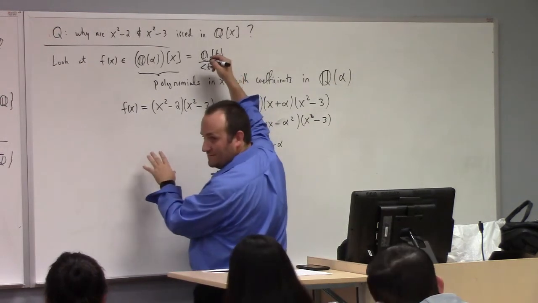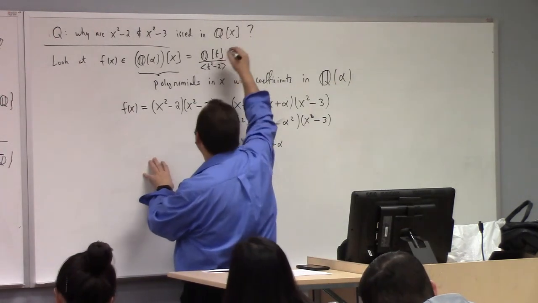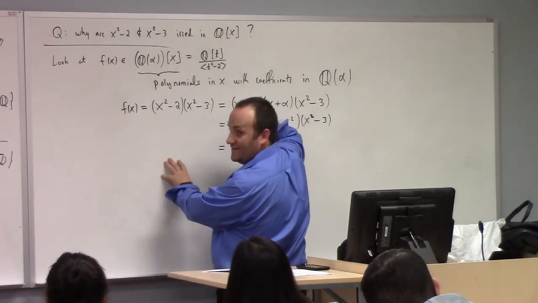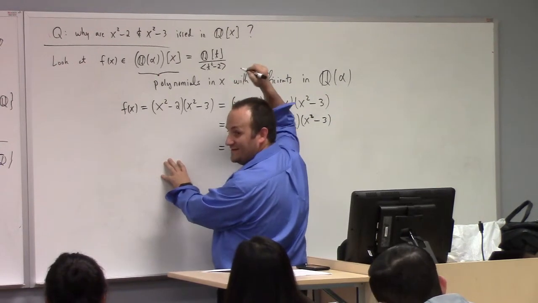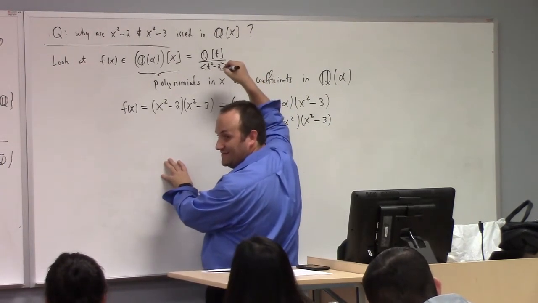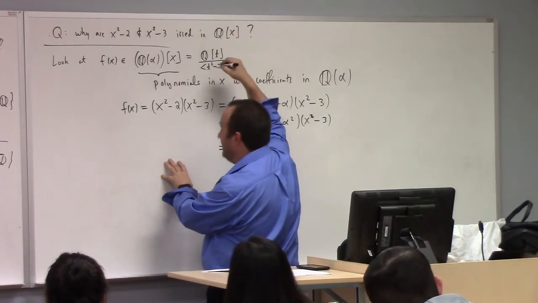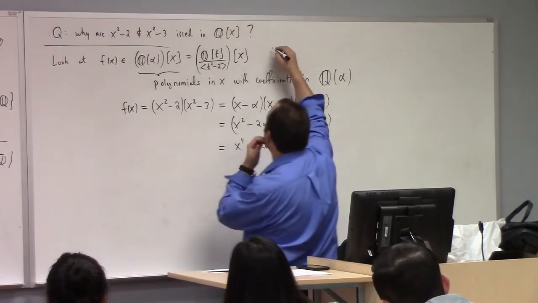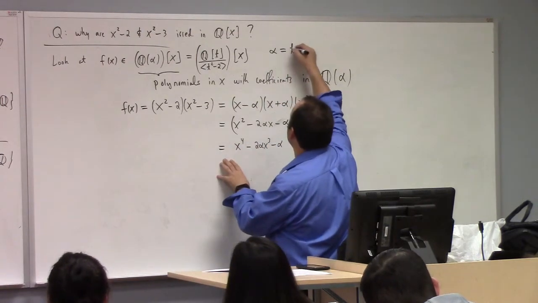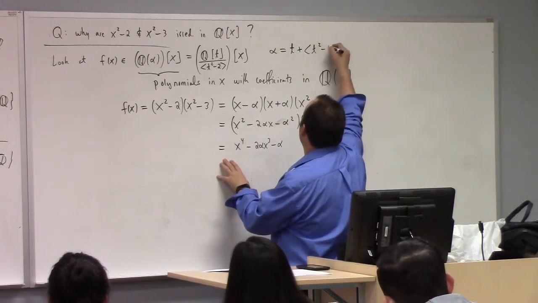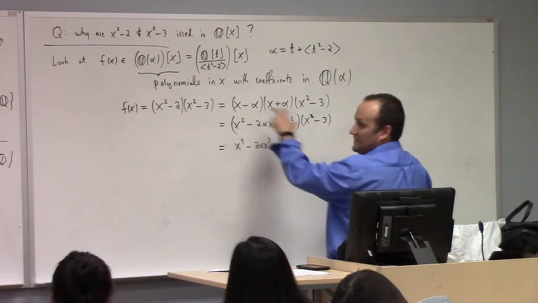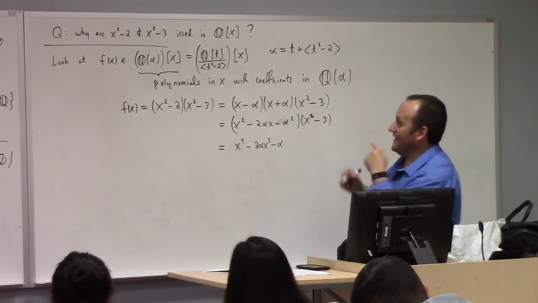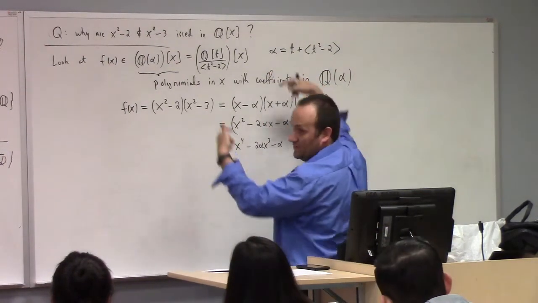This is Q adjoin alpha, right? Where now alpha is t plus the coset, plus the ideal generator, technically. So it's this of x. So really here, alpha is equal to t plus this thing. So these are not identically 0 because x is the polynomial which we're building.